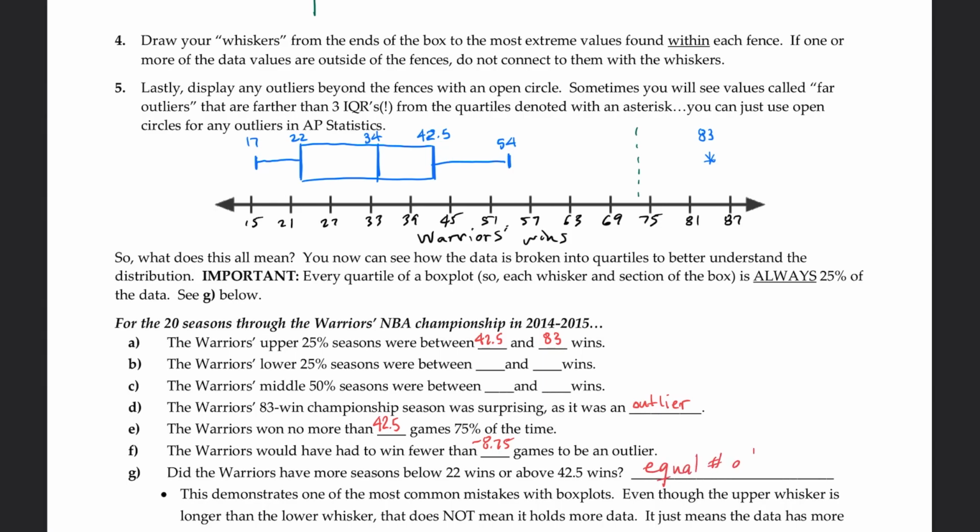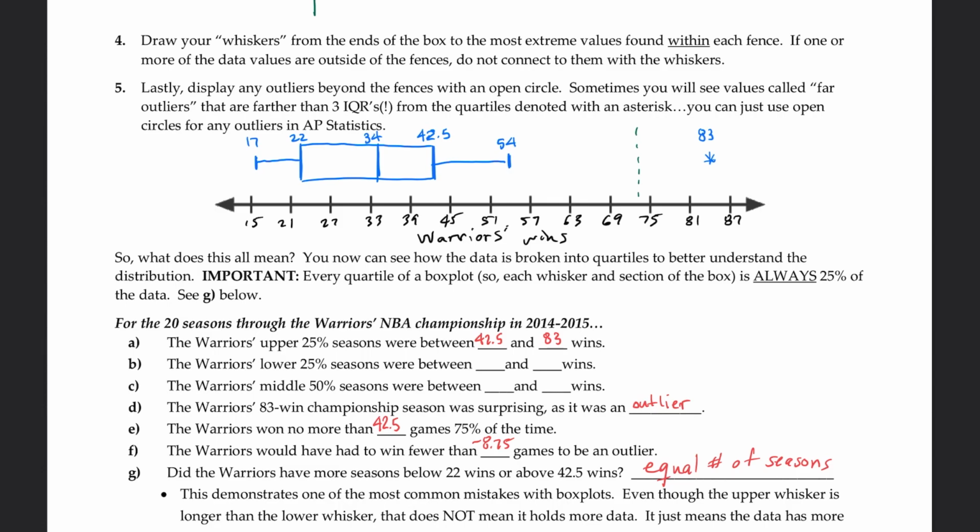Actually, it was an equal number of seasons, because those are the two quartiles there. Below 22 is 25% of your data, and above 42.5 is 25% of your data. So it is the same amount of seasons. It's 25% of the seasons we collected, which is just 5 seasons, because we only grabbed 20 seasons.